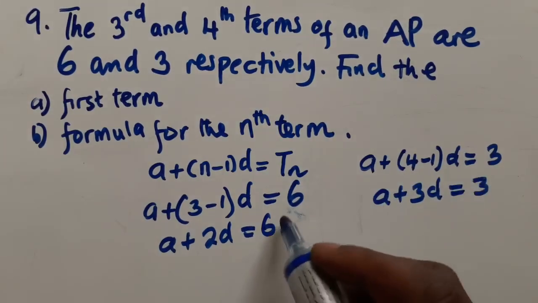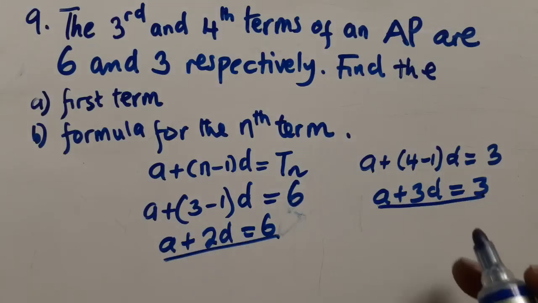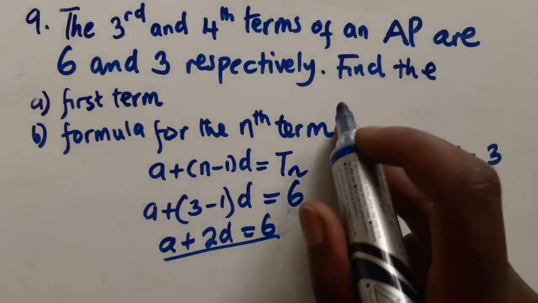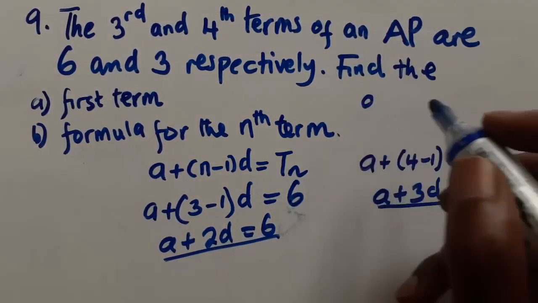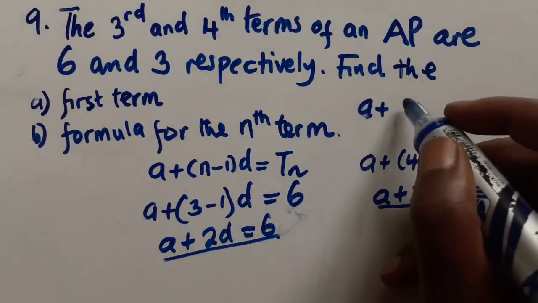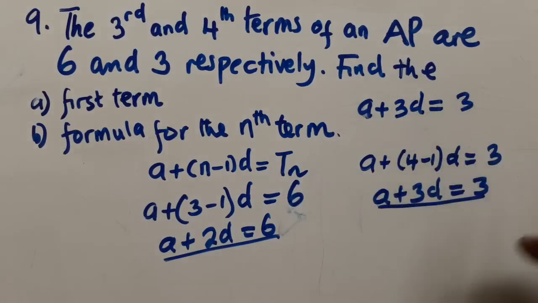So we have two equations here, this equation as well as this one. So we can now solve these two equations simultaneously. We need to solve these two equations what? Simultaneously. I hope that is clear. So simultaneously means we can bring this one here and say A plus 3D is equal to 3.